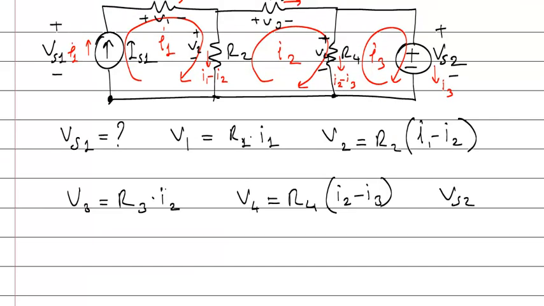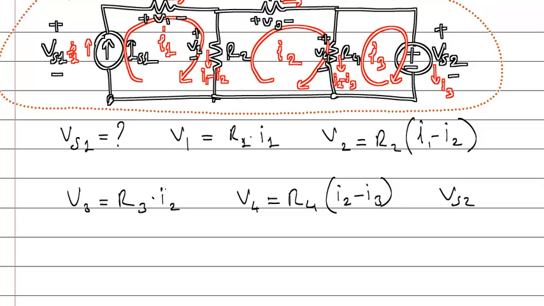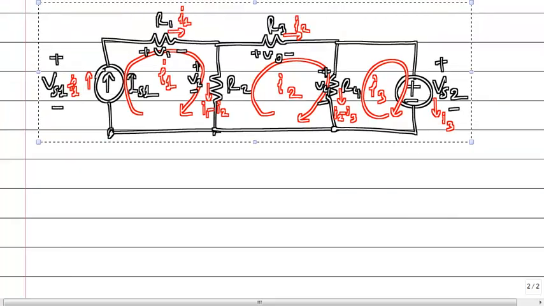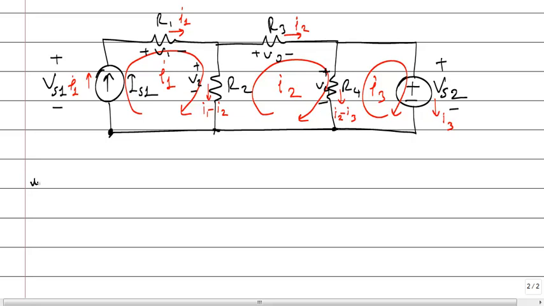So I will write 3 equations because I have 3 meshes. Mesh 1, start from here. If I see a minus sign, I will write minus.